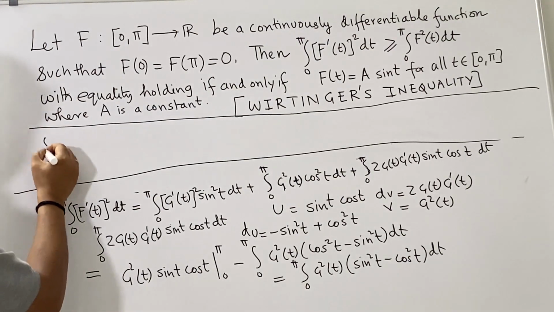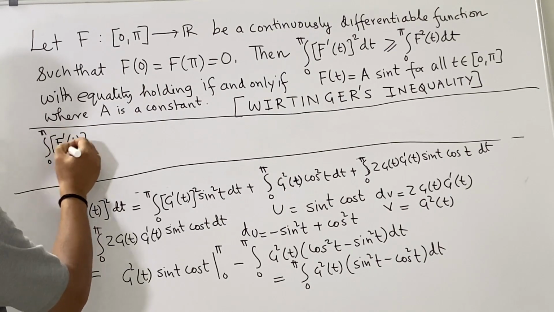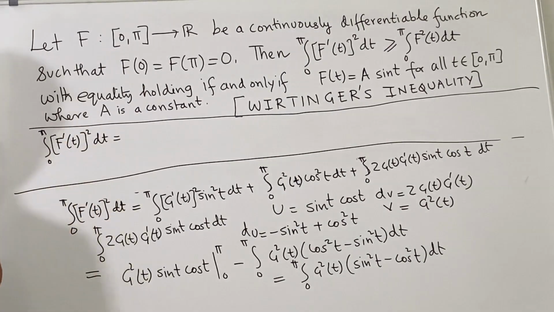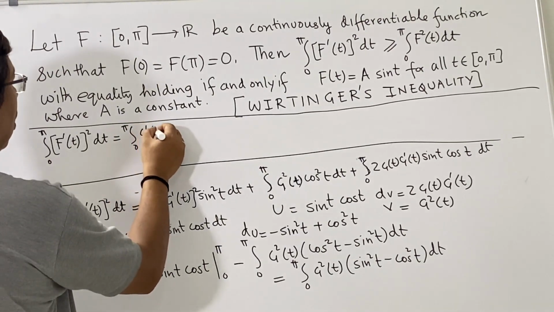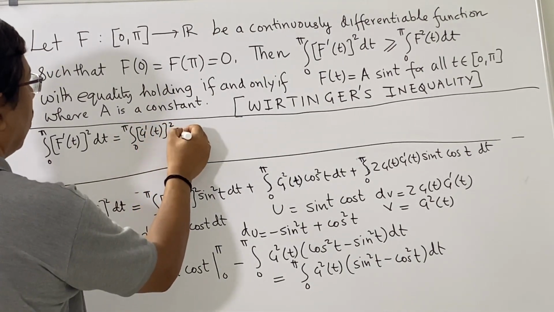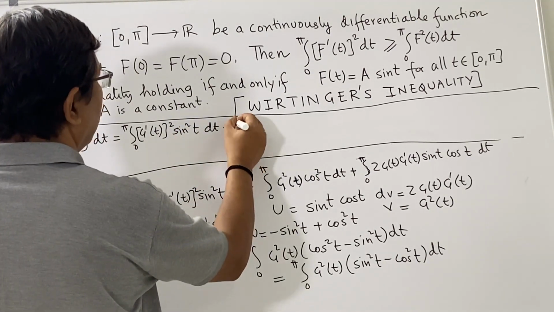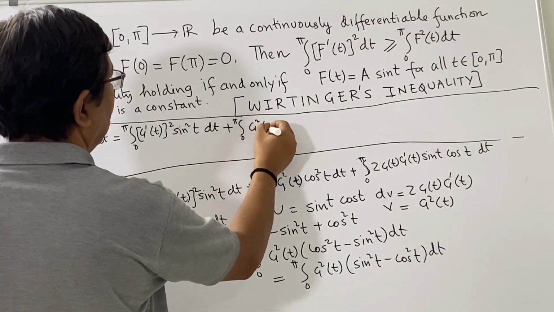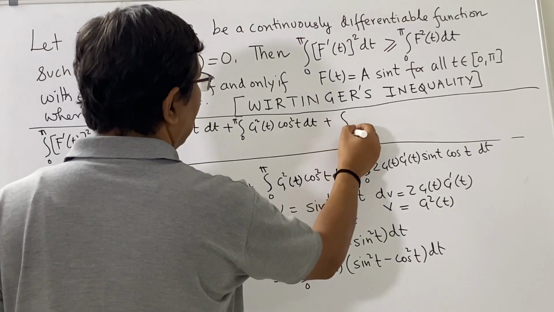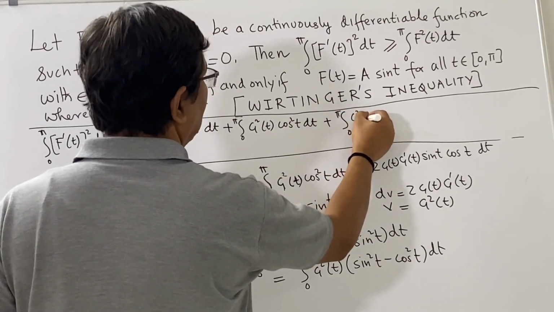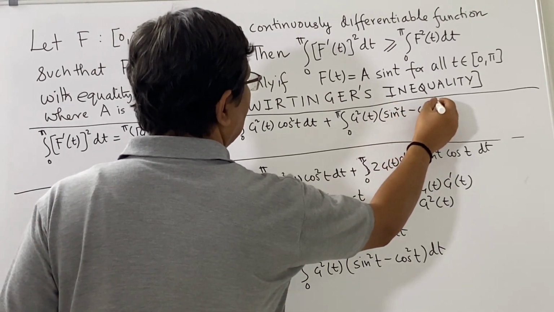So the integral 0 to pi of f prime t squared dt is equal to the integral 0 to pi of g prime t squared sin squared t dt, plus the integral 0 to pi of g squared t cos squared t dt, plus the integral 0 to pi of g squared t into sin squared t minus cos squared t.